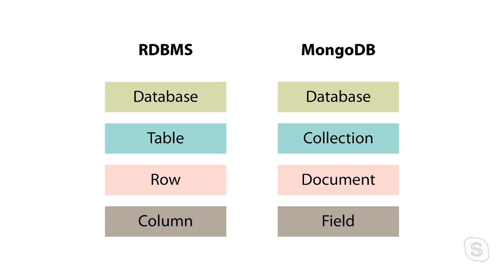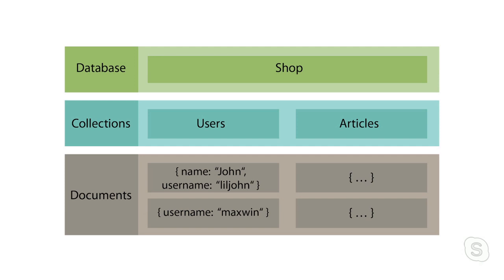Another example of how you can imagine it: you've got, for example, a database shop. You've got two collections in this case, users and articles, and each of these collections has documents in JSON format. Here you can see that, for example, the second document in the users collection has different fields than the first.